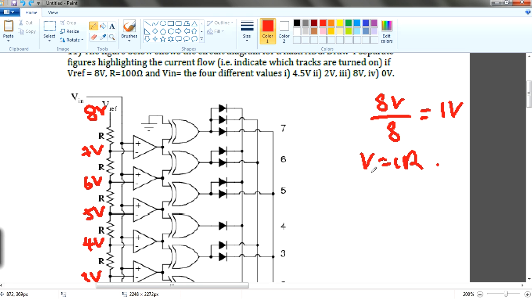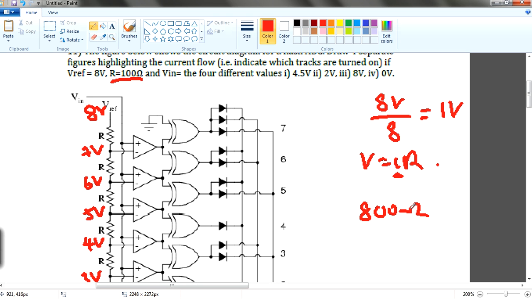But in a more detailed way, the current is the same throughout the whole series circuit, if you remember. One way is to find the overall resistance for the whole series. The overall series circuit is 800 ohm, because each individual resistor is 100 ohm, so you add up to 800 ohm.